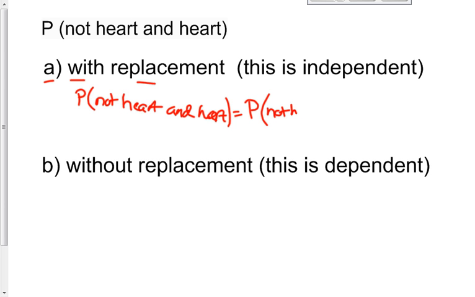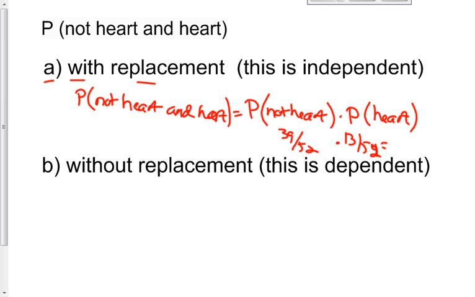What's the chance that I have not a heart? Put it back in the deck, look at a new one. What's the probability this time that it is a heart? All right, so how many not hearts are in your deck? We know we have 13 hearts, so not a heart would be 39 out of my total of 52. Times by, how many hearts do we have in our deck? 13 out of 52.